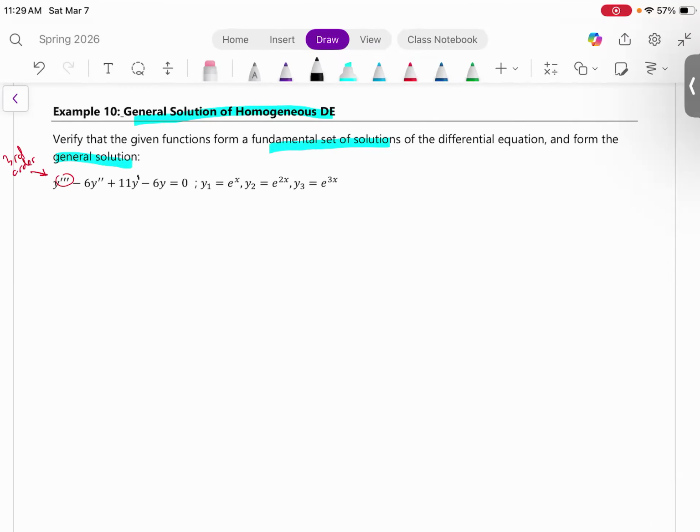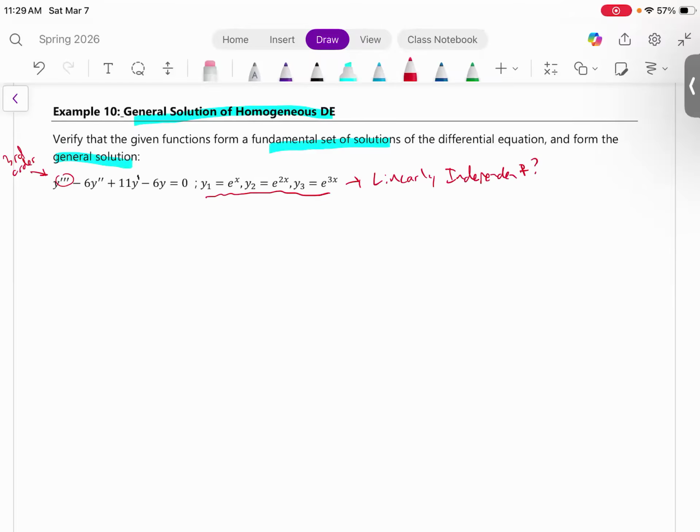We have y1 equals e to the x, y2 equals e to the 2x, and y3 equals e to the 3x. We want to see if these three functions are linearly independent so that they could form a fundamental set of solutions so that we can create our general solution.